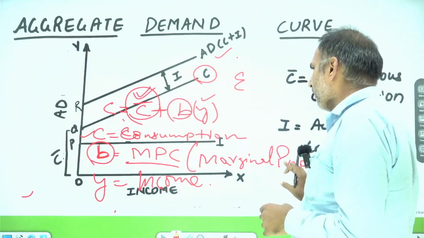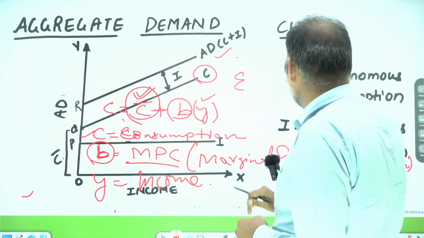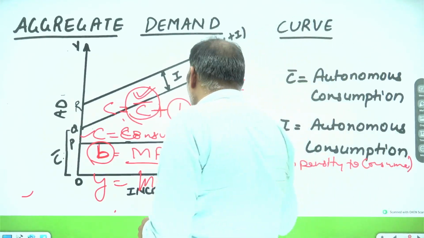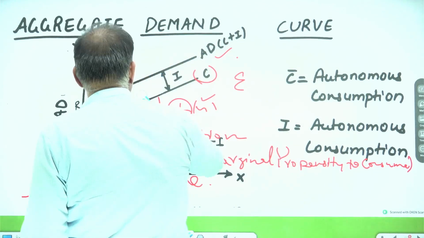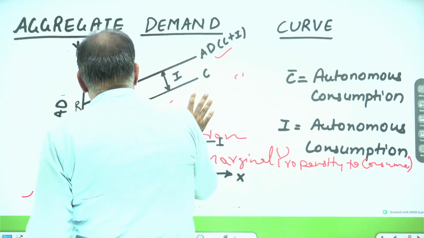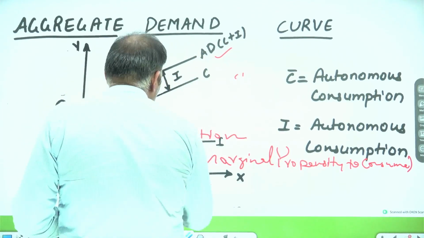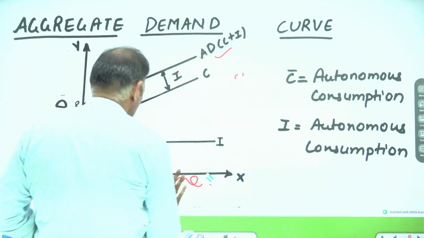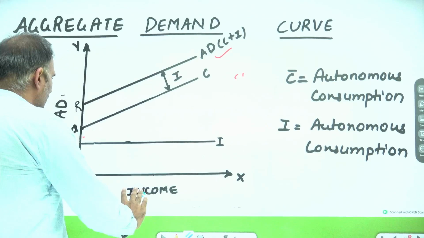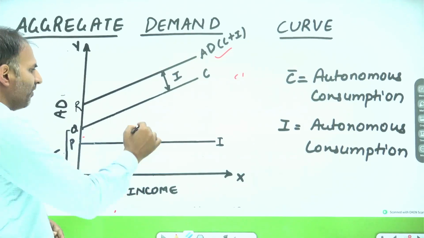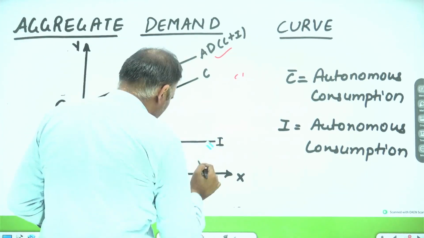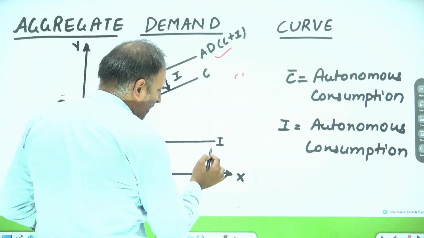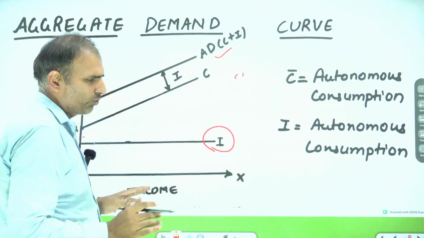Okay, let's go through the graph and understand clearly what it means. This is the graph. This is the investment. There is always some autonomous investment in society.